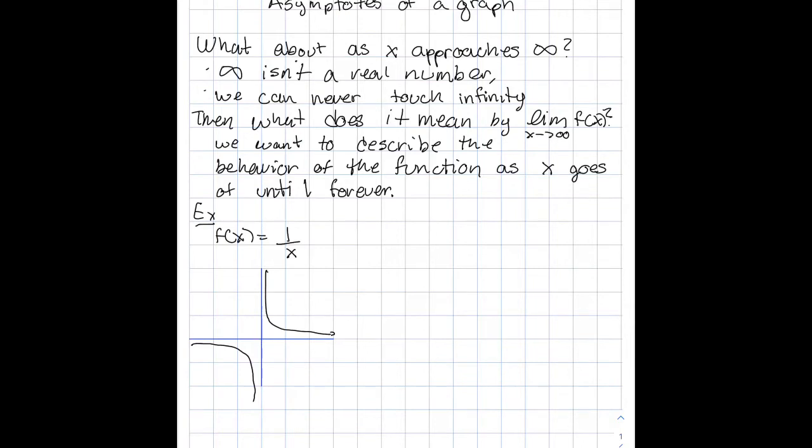Right, so the limit as x approaches infinity of 1 over x, we can see that this is just going off and getting smaller and smaller and smaller and is approaching 0. And I know smaller, you might think of a negative number, but here we mean small in an absolute value situation where we're getting close to 0.